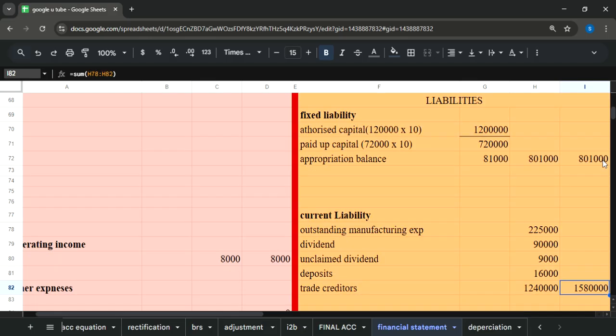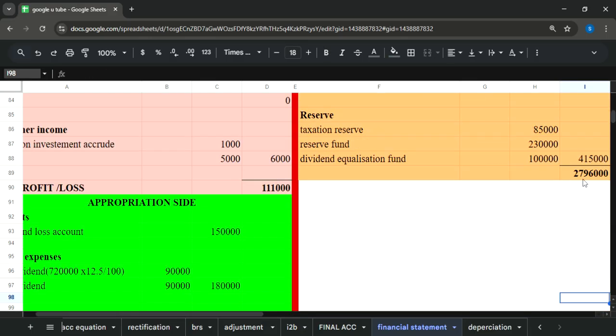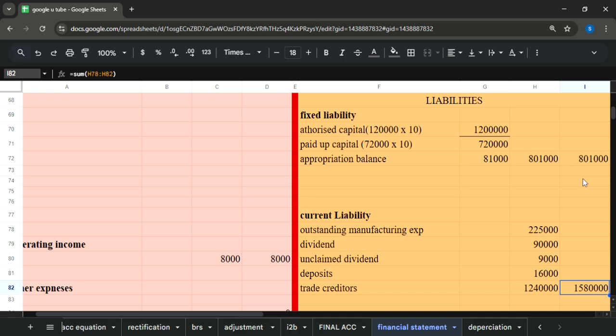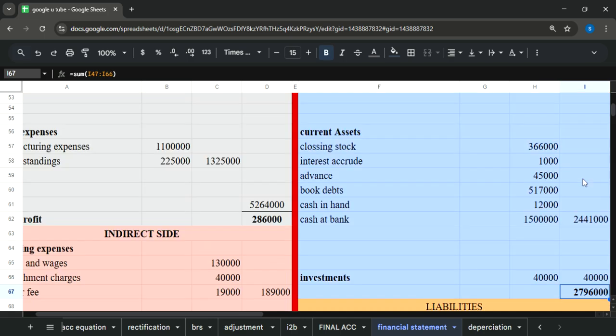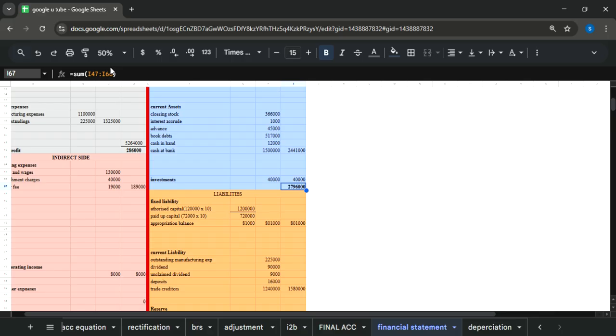So we have got 2,796,000 and the liability side sum is 2,796,000. It means both are equalized. So let me show you what we have done. The question has been completed and there were 5 parts. First, this was the direct side, where we calculated gross profit.